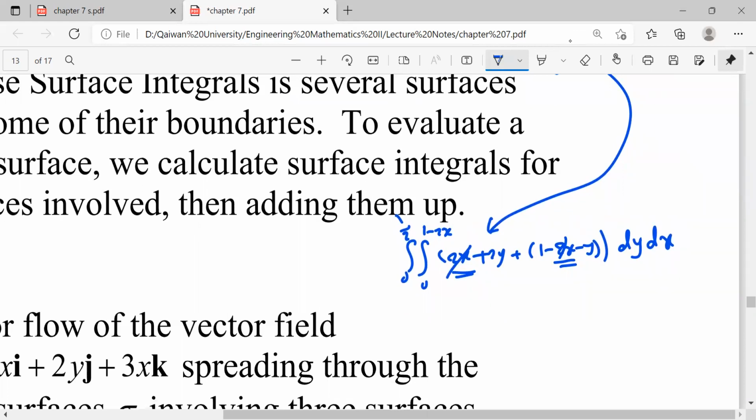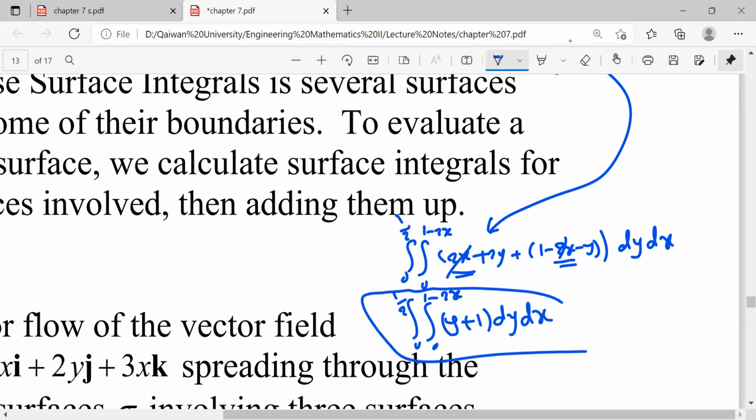We get the double integration of y plus 1 dy dx, with y from 0 to 1 minus 2x and x from 0 to a half. I leave this for yourselves. It's easy to find that double integration. First, we take the integration with respect to y, then we put the limits, and then we take the second integration with respect to x. That's all. Is that easy?